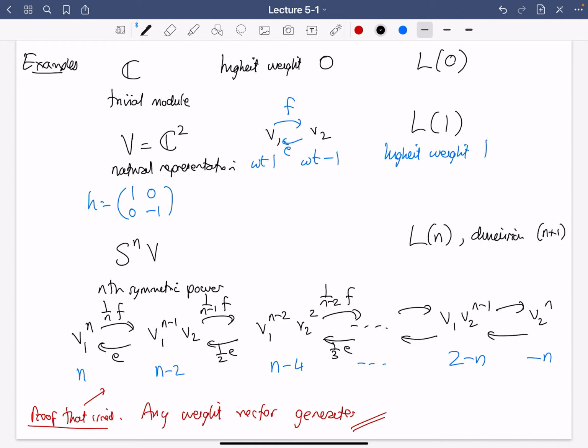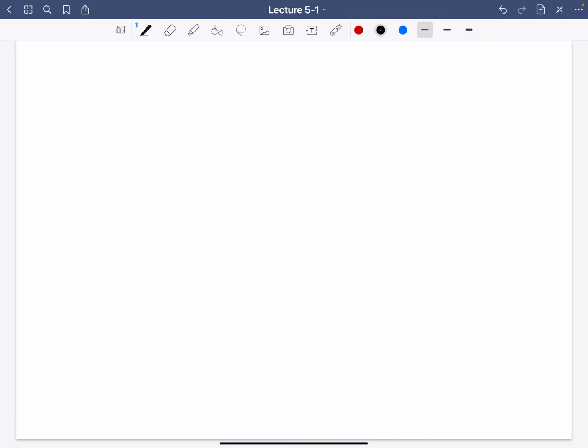Okay, so let's see if we can prove this classification in general. There's one lemma, though I said we were going to actually have to calculate, and here's the calculation. It's really not that bad.